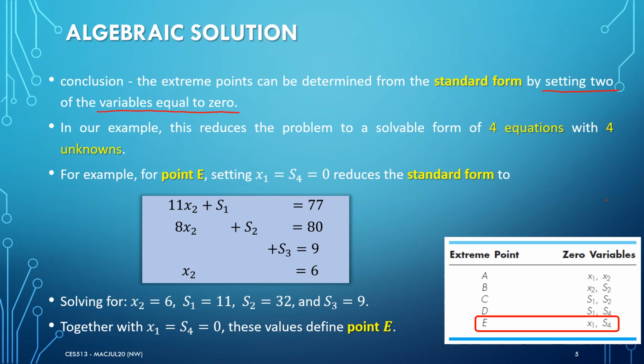So in our example, this reduced the problem to a solvable form of 4 equations with 4 unknowns. So when you have 4 unknowns, then you can solve using 4 equations. For example, for point E, referring to the table here, setting x1 and s4 equal to 0 can reduce the standard form into this.